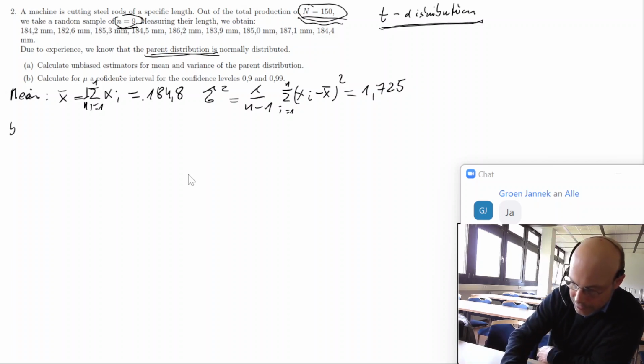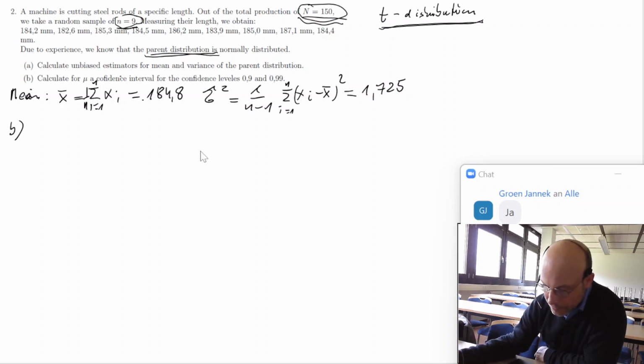And part b, calculate for mu a confidence interval for the confidence levels 0.9 and 0.99.